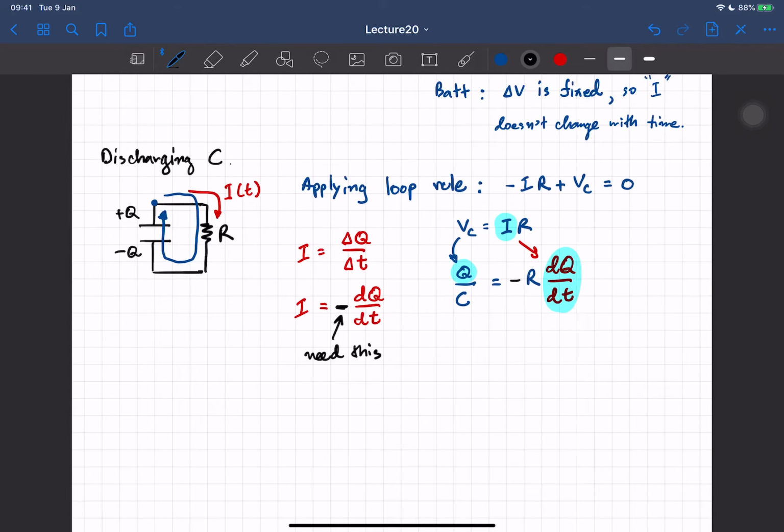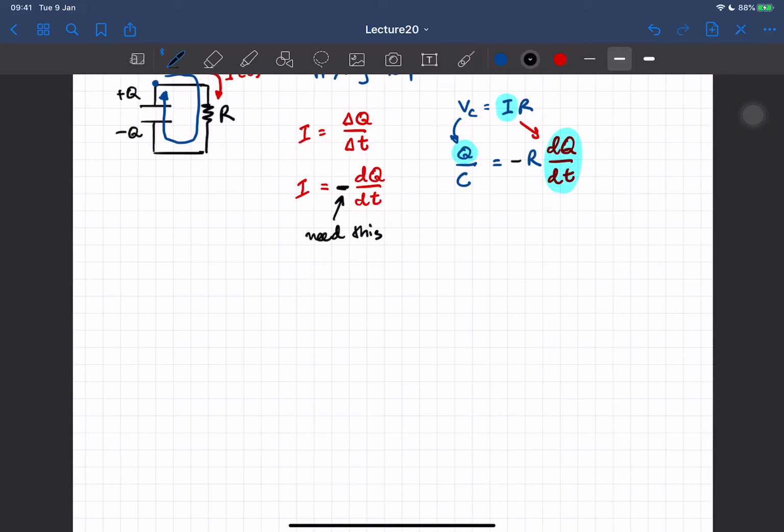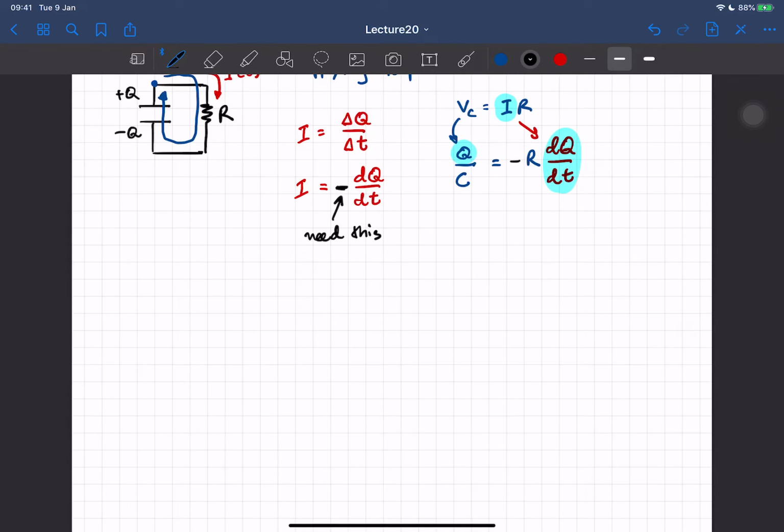It's going to be a little bit mathematical, so let me write it in a more systematic way. Q as a function of time divided by C equals minus R dq by dt.